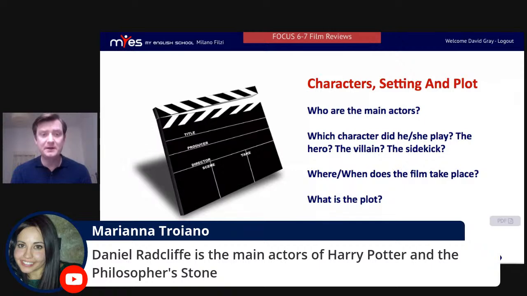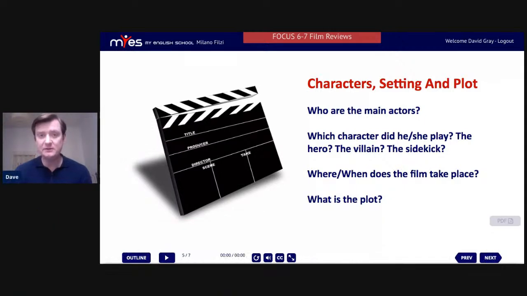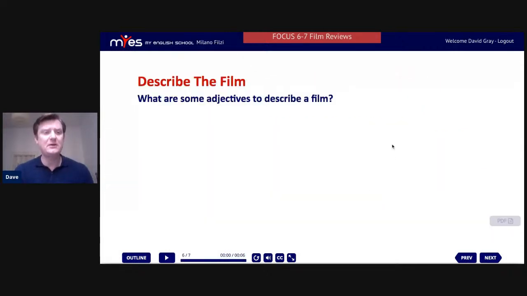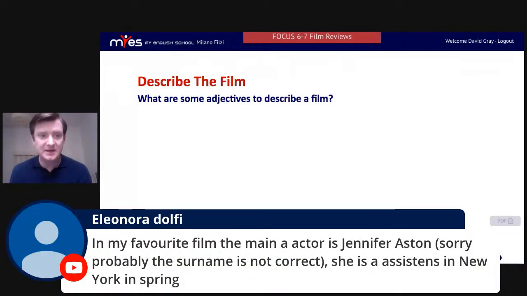So, guys, we're going to develop this a little bit further now. Looking at the time, we have a little bit of time to develop this further. Now, what are some adjectives to describe a film? For people who are still writing, we'll look at those together as they're coming in. Eleanor, you just sent me one.